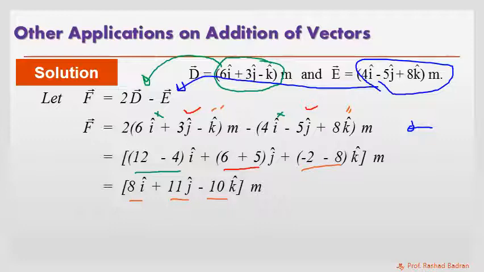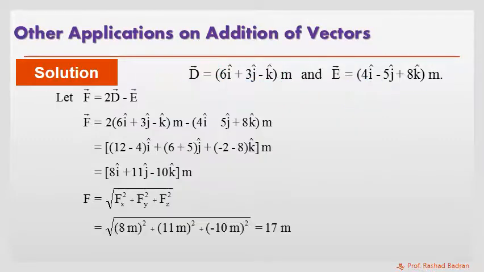Now, how can we get the magnitude of this final vector? We just apply the Pythagorean theorem by squaring the x component of the vector f, and also squaring the y component of the vector, and then finally the square of the z component of this vector, and add these squares together and take the square root.